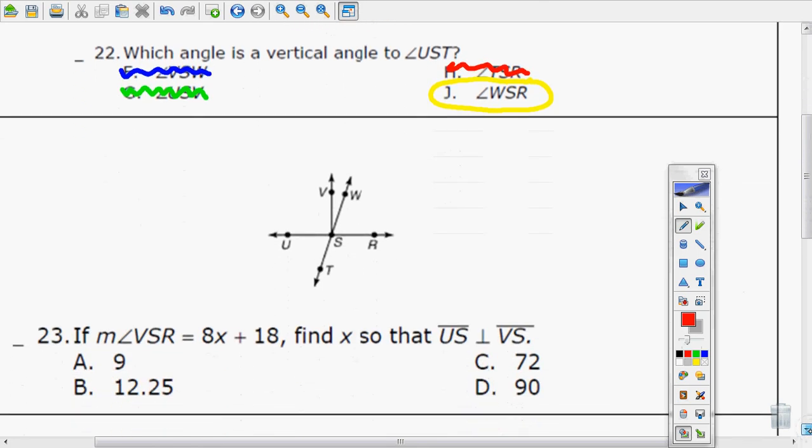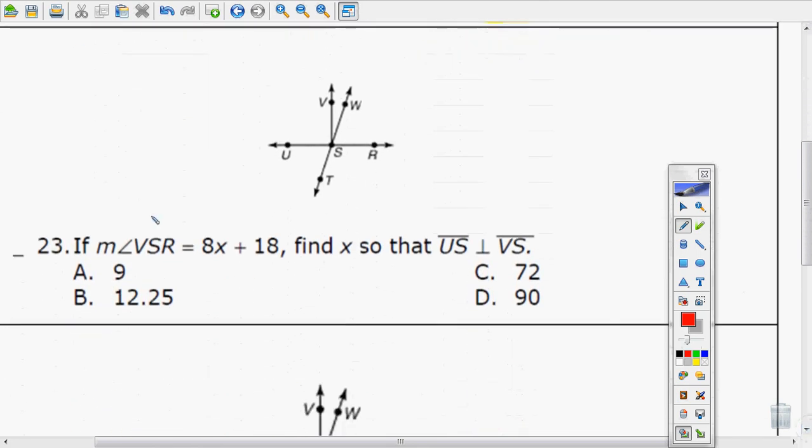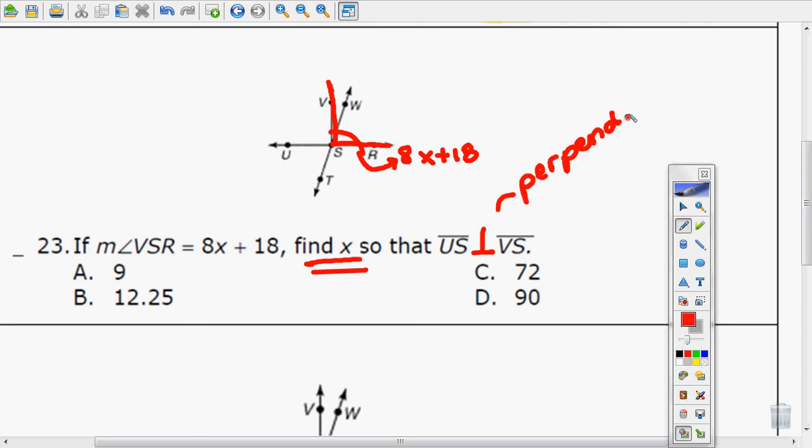23. If the measure of VSR is 8x plus 18, we're asked to find x so that US, upside down T, which means perpendicular to VS. Well, that's good news.